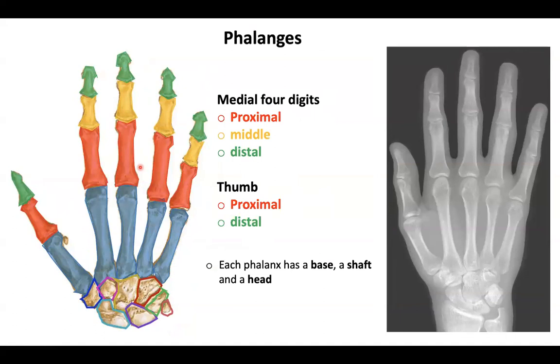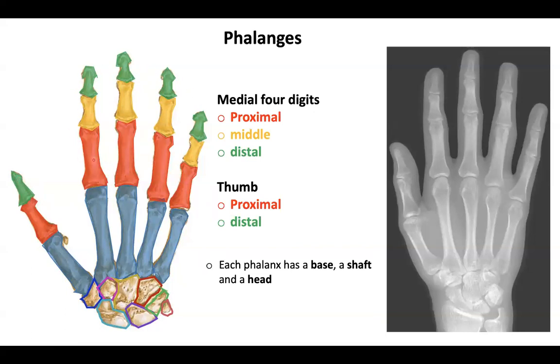And the last bones in our hand are the phalanges. The medial 4 digits each contain 3 phalanges. We have proximal, middle, and distal phalanges. But the thumb only contains proximal and distal phalanges. There is no middle phalange in the thumb.